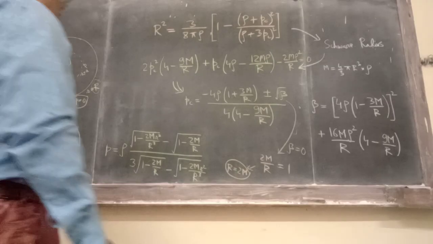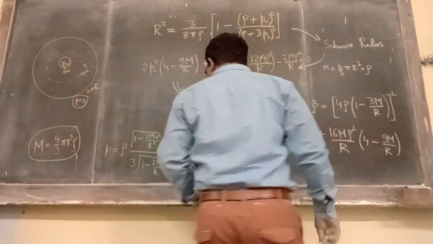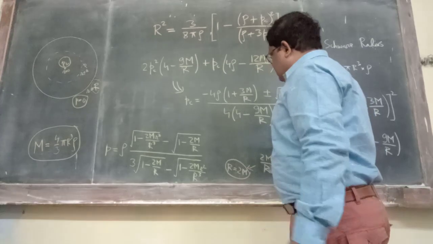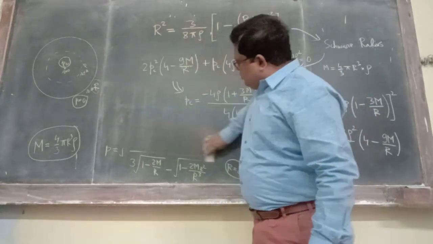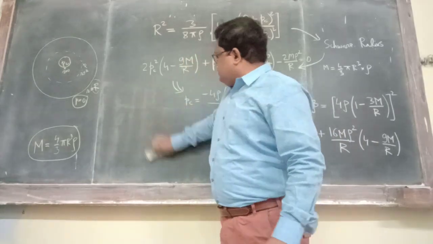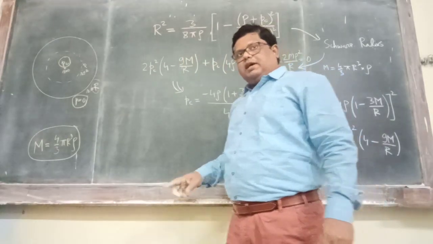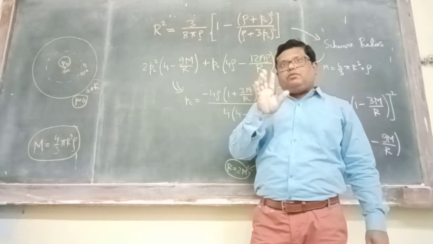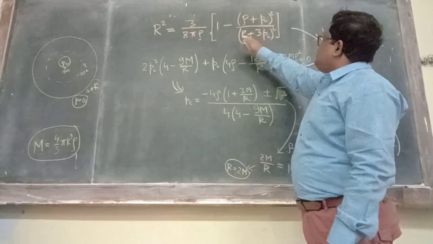Previously we used this relation, and using it we obtained the maximum mass. Now this time to find an estimate of the Schwarzschild radius, we are going to use a different relation.